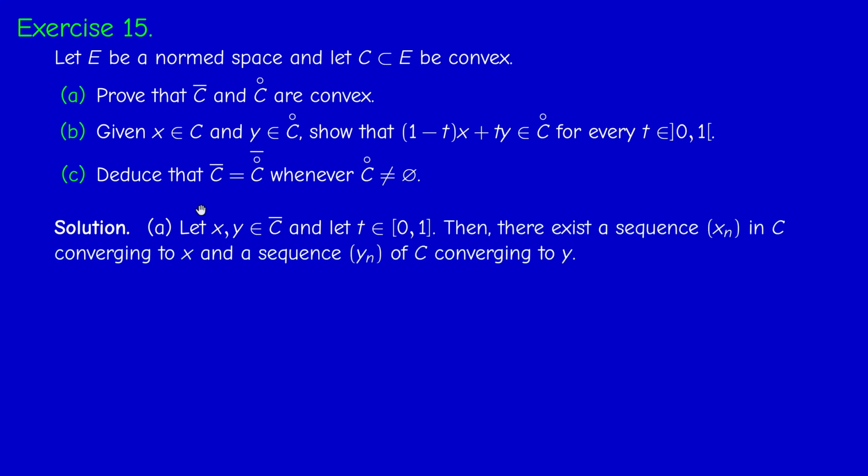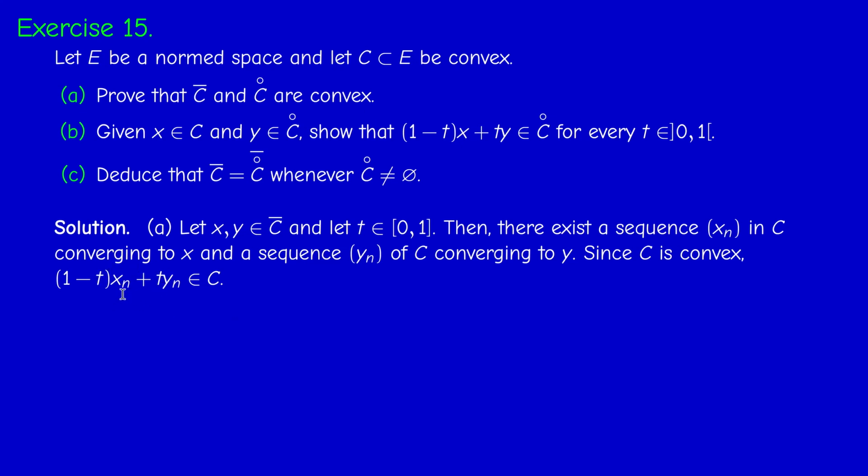Since x is in C bar, then by the characterization of the closure, there exists a sequence xn in C converging to x, and similarly for y, there exists a sequence yn of C converging to y. Now, I use the convexity of C. So this convex combination of xn and yn belongs to C because C is convex.